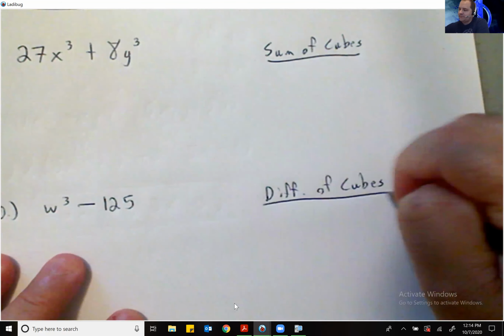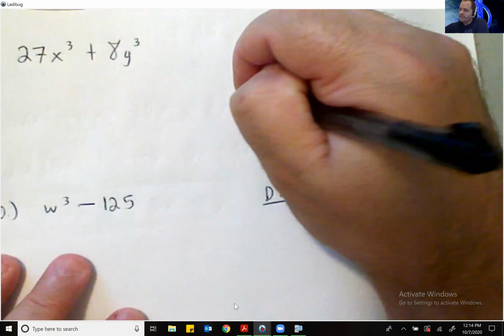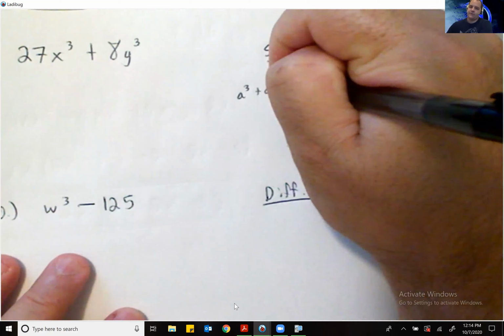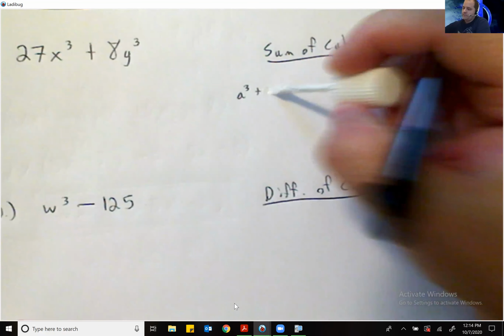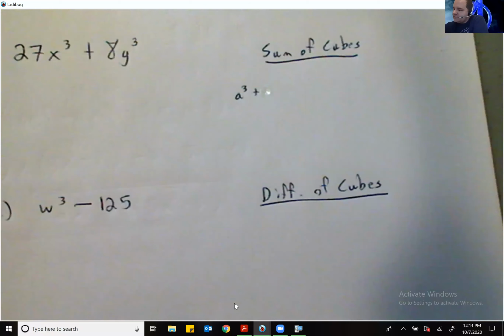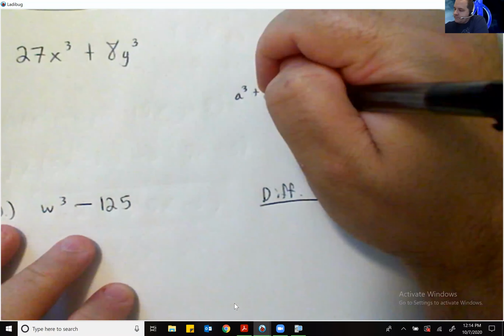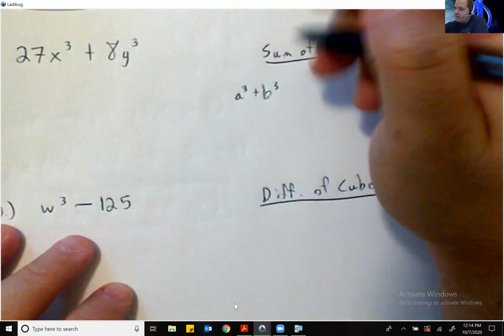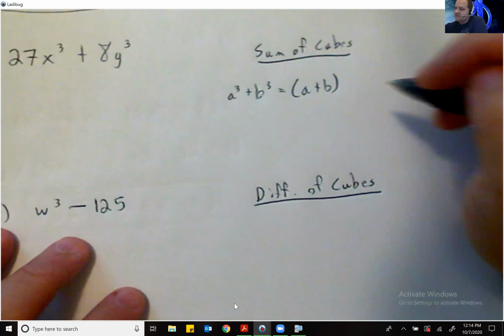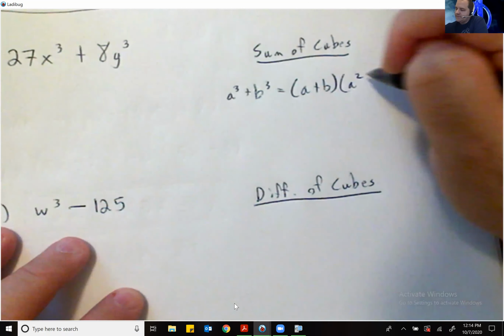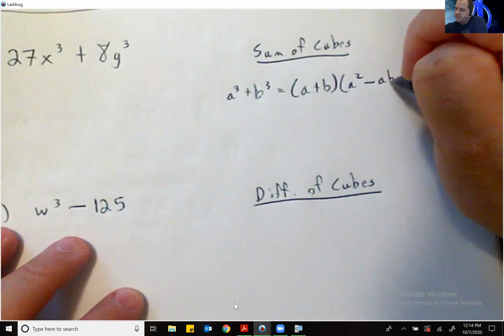When you have the sum of cubes, its formula is parenthesis A plus B, parenthesis, and then parenthesis A squared minus AB plus B squared.